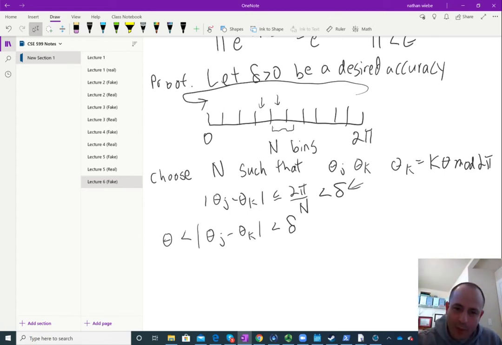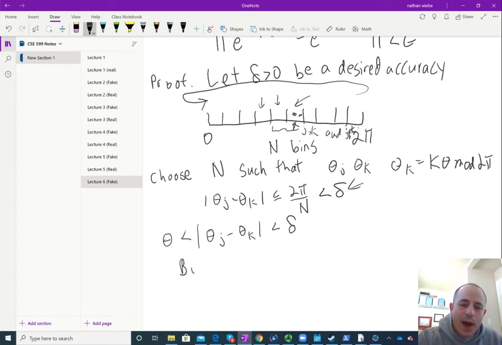And given that the maximum distance is 2 pi over n, at least one of these bins is going to have 2 entries in it. So there exists a bin such that both j and k fall inside here, and j and k are not equal to each other.